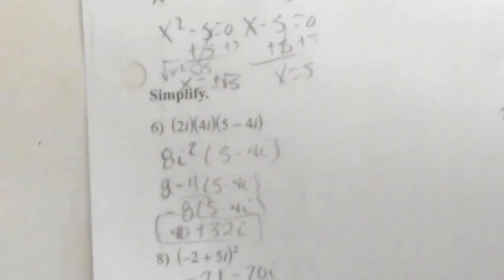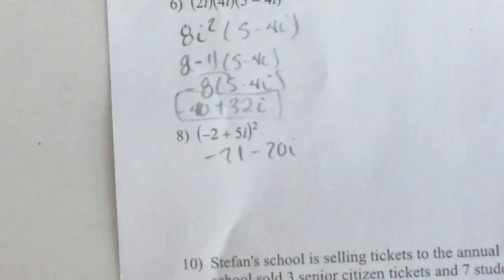Number 8. Also plug it in the calculator. Okay. Is this correct? Did everybody else get this? Okay, tell me if I didn't have a calculator, how could I do this? Foil. -2 plus 5i and -2 plus 5i, right? Let's go down the row. Logan, what's my first terms multiplied together? 4. What's my outside terms? 9.